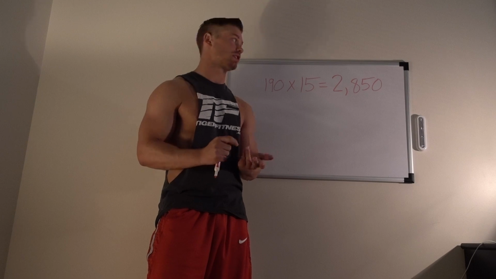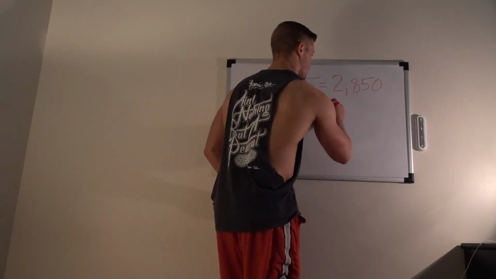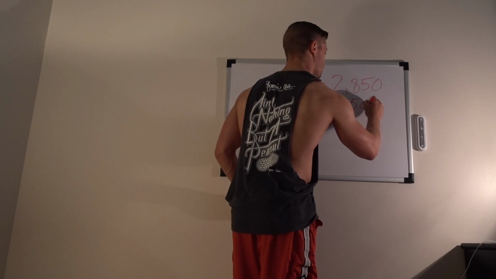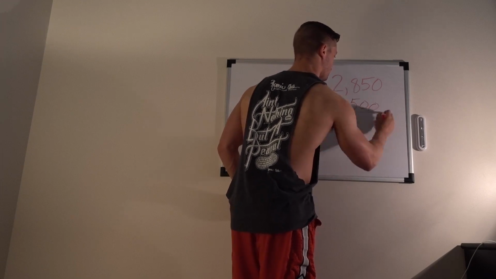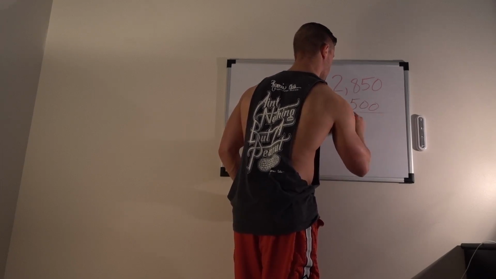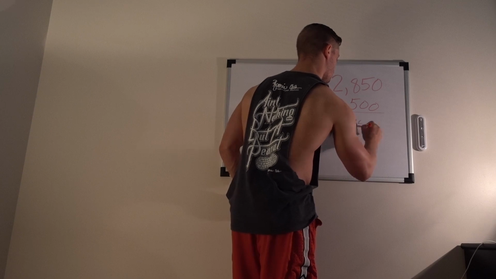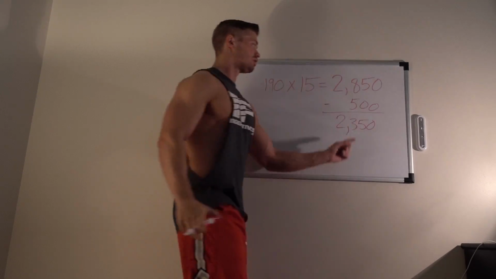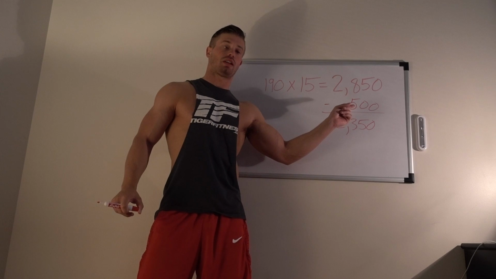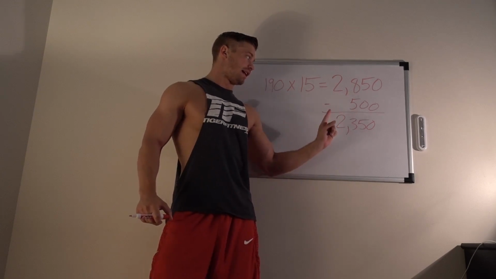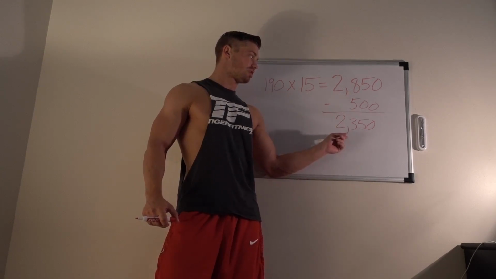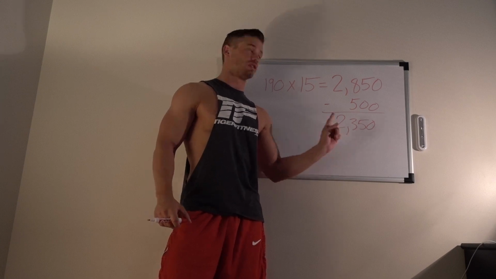I recommend 500 calories. So 2,850 minus 500 is 2,350. Each day you're in a 500 calorie deficit, and your daily amount of calories consumed is going to be 2,350 for you to lose weight.